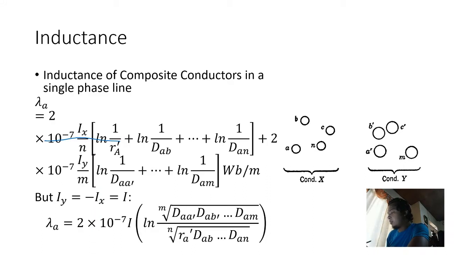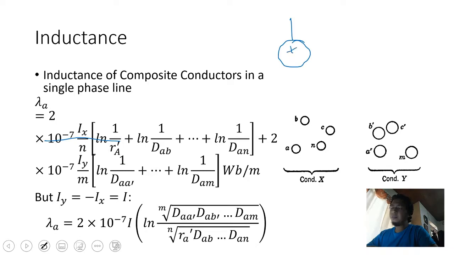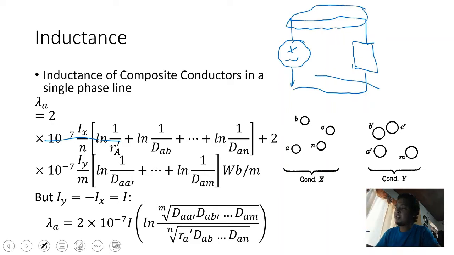Anyway, what if, instead of a solid line for this line and a solid line for this line, this line is made up of composite conductors, or a bundle of conductors? So it's not just one solid wire. And the same for this one.